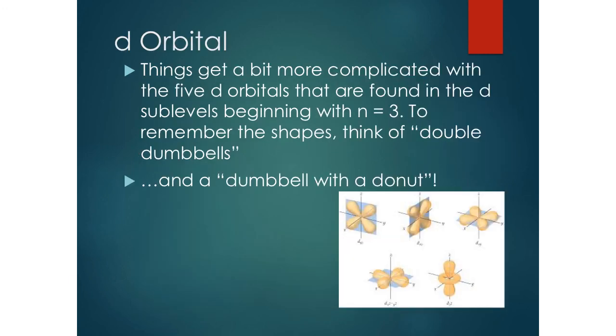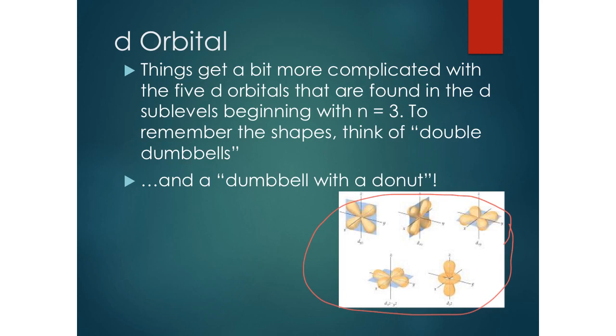The d sublevel, we start to get a little bit complicated here, and the shapes are down here. To be perfectly honest with you, you are going to have to know how many electrons the different sublevels can hold, how many orbitals they're made up of.